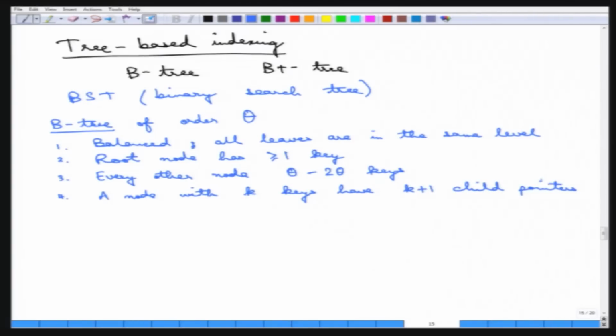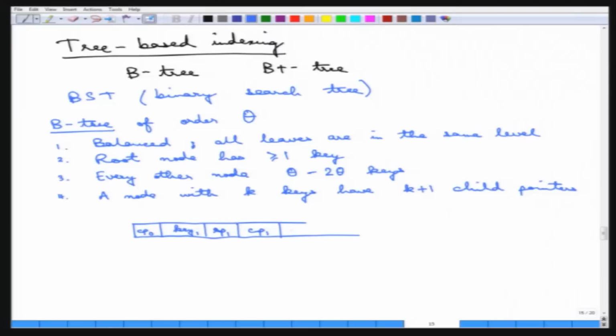So the internal node design of a B tree looks like the following. There is a key, let us say key 1. Corresponding to key 1 there is a child pointer 0, and then there is a record pointer 1 corresponding to the key 1, and then there is a child pointer 1. So this goes on.